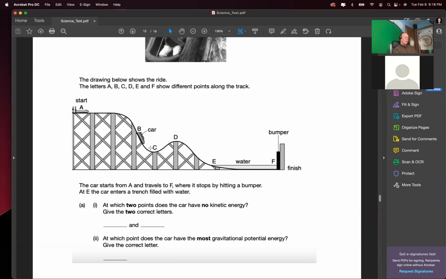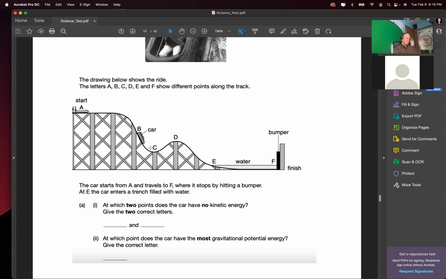Now, I'm going to have to interject on this one. There are many forces acting on the car. What is the main force responsible for the car slowing down? What causes that car to slow down? Some kind of friction.